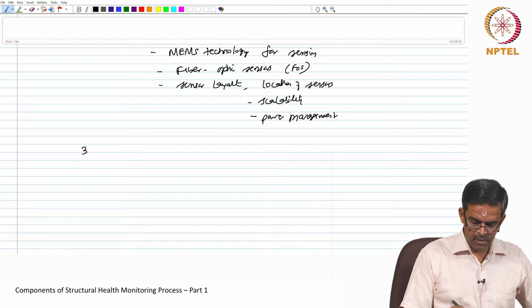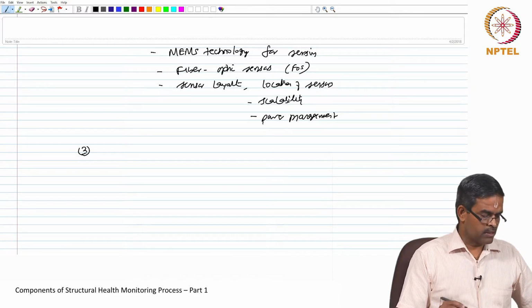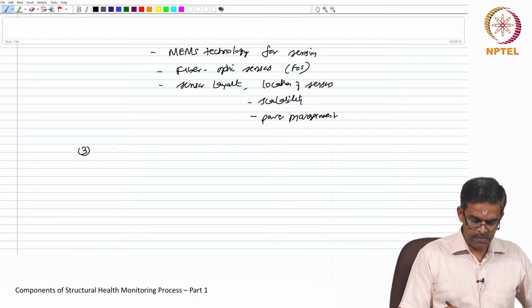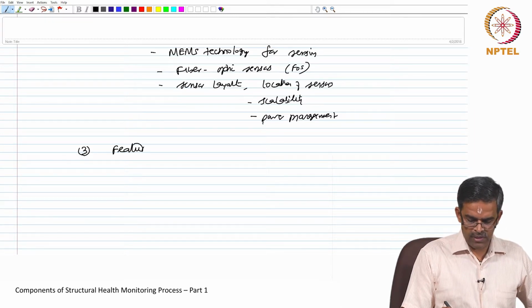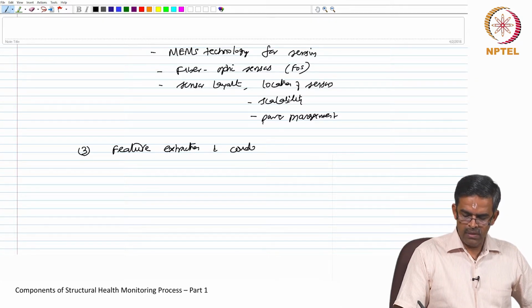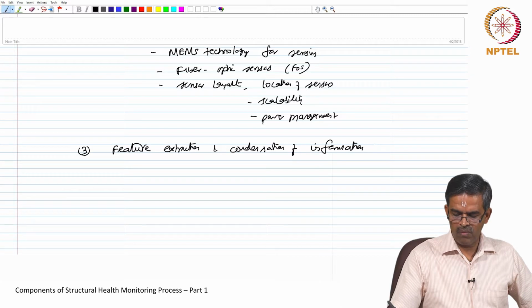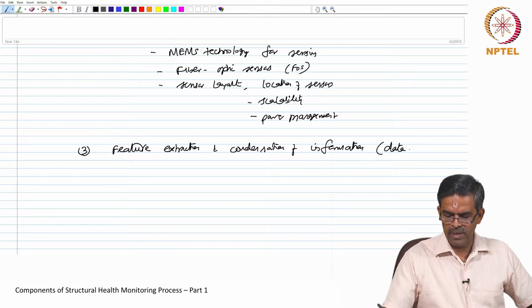The third important issue related to the SHM application is feature extraction and condensation of information. What is otherwise called data management and processing.